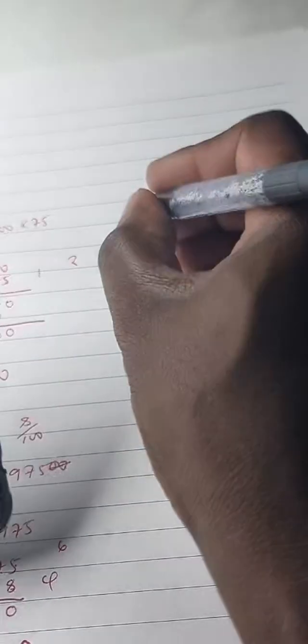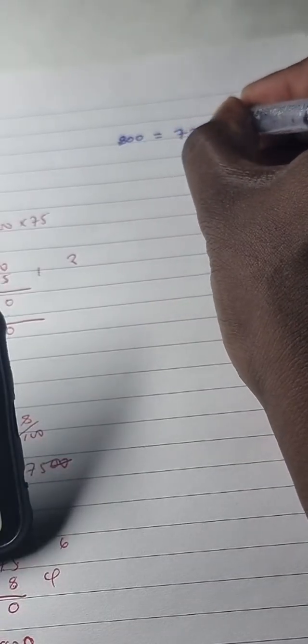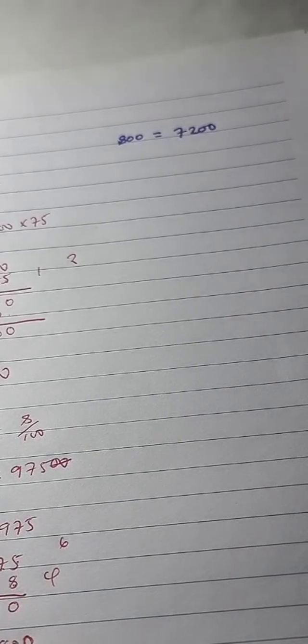So we are being told that this businessman, Chidi, has 800 shares in that particular company, and he spent 7,200. Now they're asking us, how much was the cost of each share?